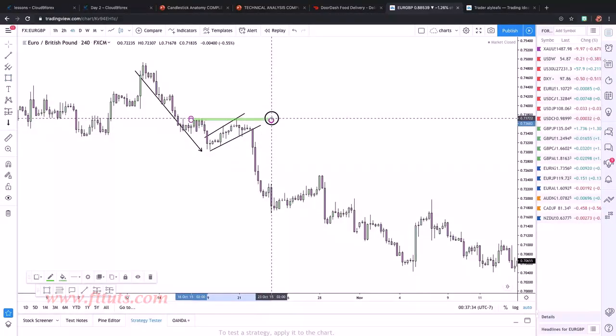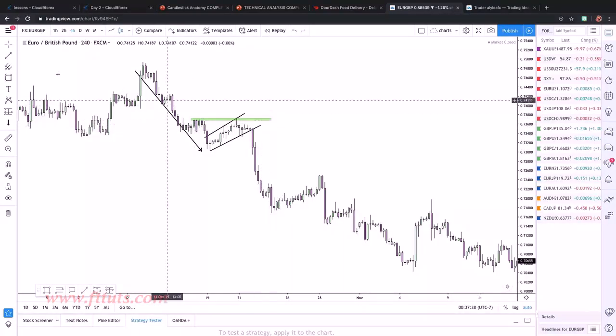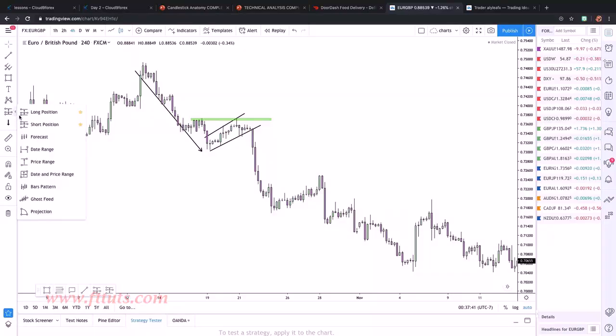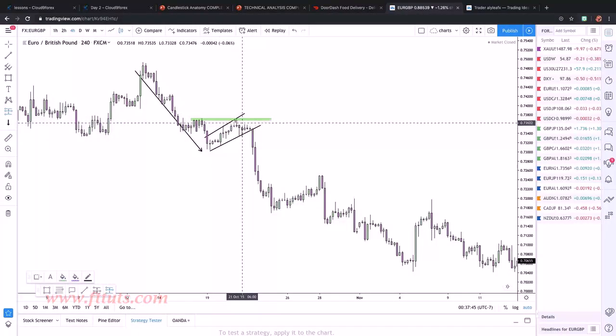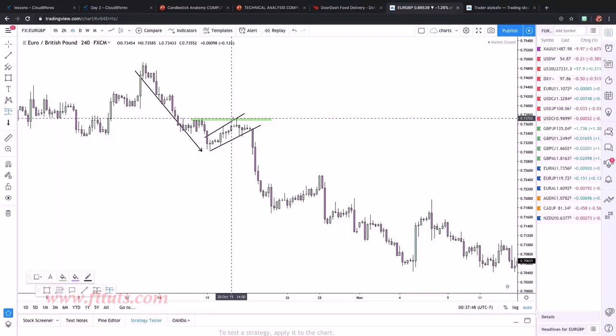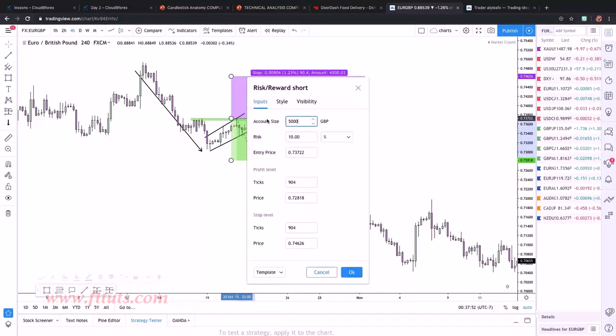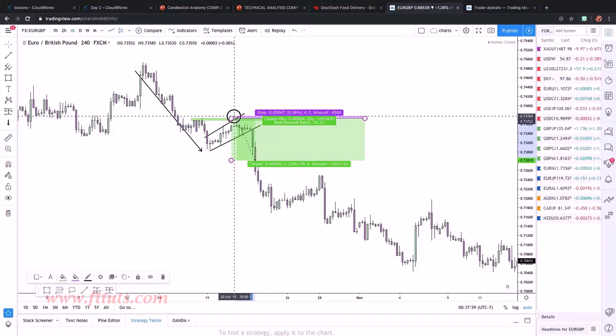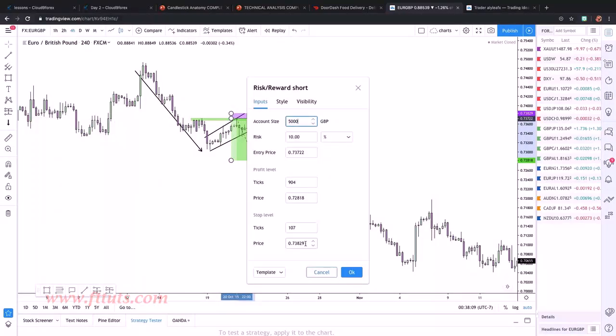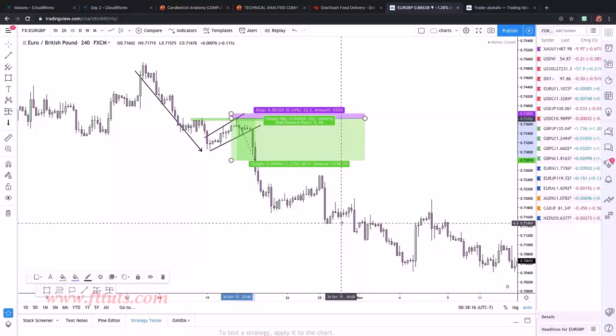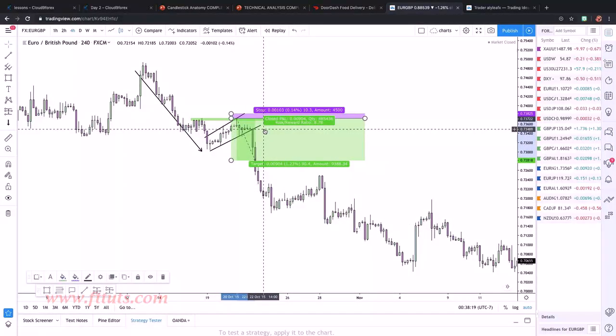So we have a little resistance level there. So then taking out our short position, we're just going to put our stop loss above. Okay, so if you want, you can move the stop loss.